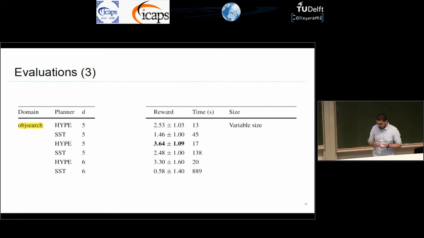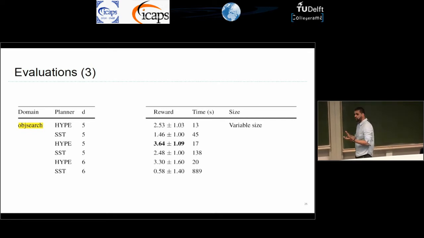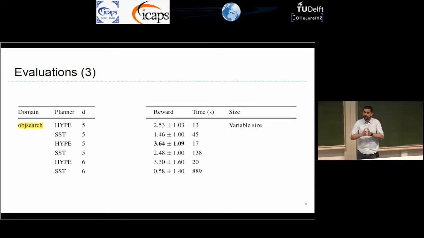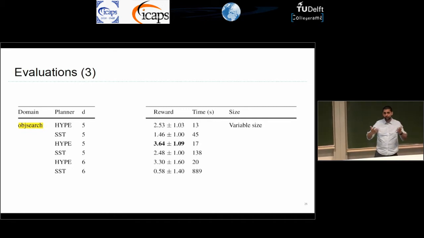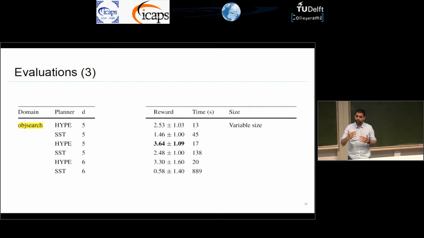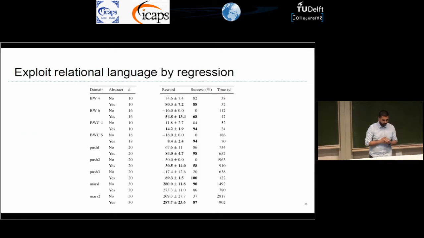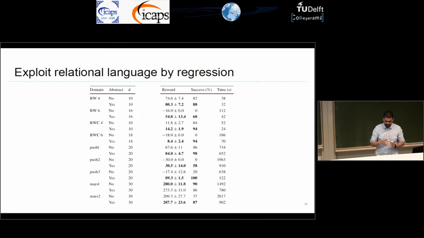Now, the language also has relational features, because you're describing everything using first-order variables. So one of our interests was, could you push this even further? Could you use this relational language to constrain the search space further? And indeed, we can use regression. Symbolic regression is a well-known technique where you can do backward reasoning on plan paths.